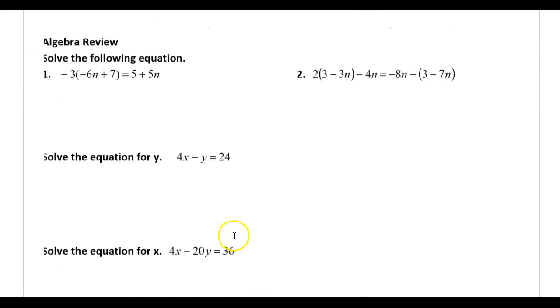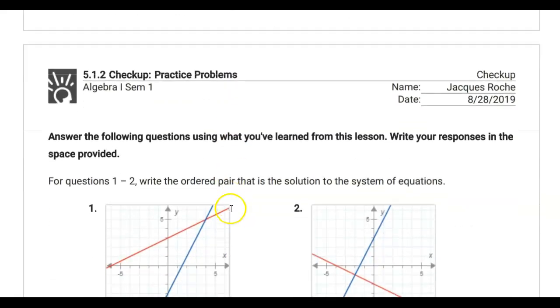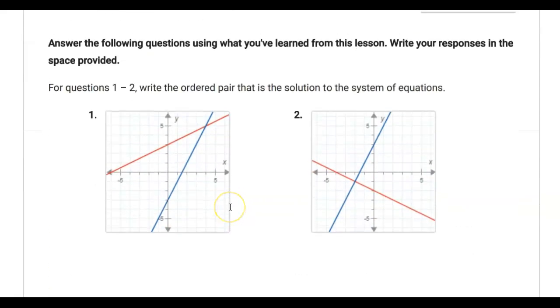So, a couple of things. The first way to solve a system is by graphing. Generally, the equations up above are linear equations, and the solution to a linear system is going to be the intersection.